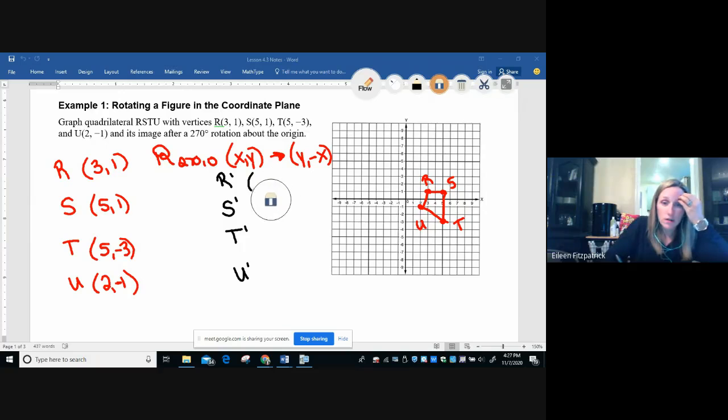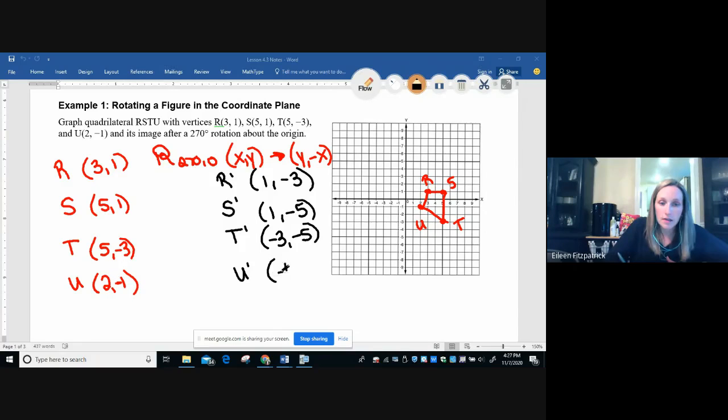I didn't do what I said. Let's try that again. Change the sign of the x coordinate and flip it: 1 comma -3. Change the sign of the x and then flip it: 1 comma -5. Change the sign of the x and then flip it: -3, -5. And change the sign of the x and flip it: -1, -2.